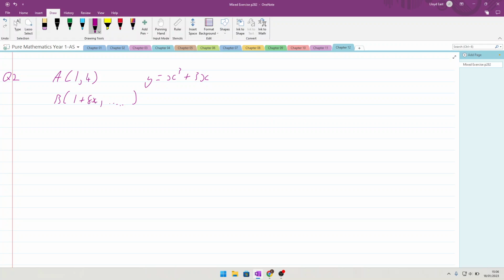Okay, show that the gradient of the line segment AB is given by delta x squared plus 3 delta x plus 6.